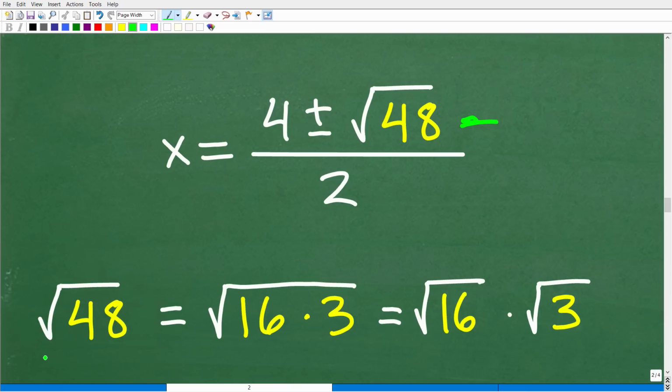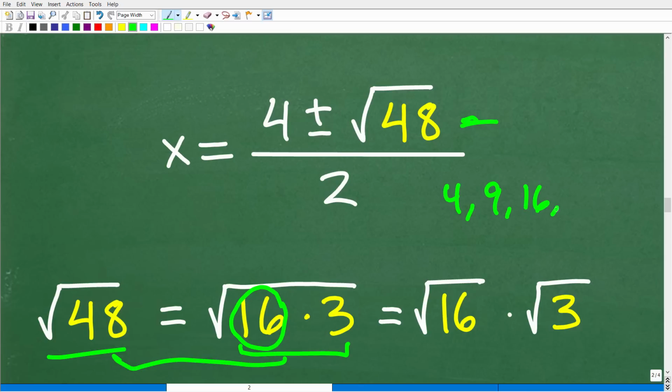But effectively, the square root of 48 is the same thing as the square root of 16 times 3, because 16 times 3 is 48. 16 is a perfect squared factor. Perfect squares are numbers like 4, 9, 16, 25, etc. Because when I take the square root of these numbers, you get a lovely integer value.